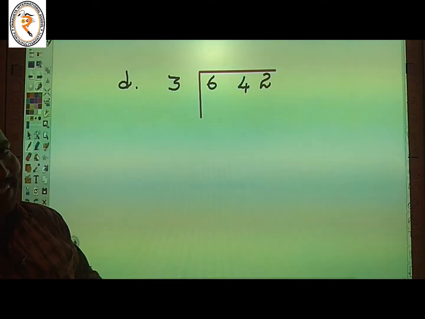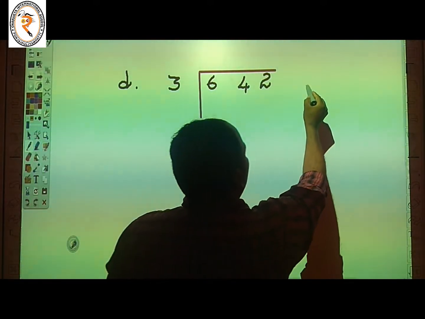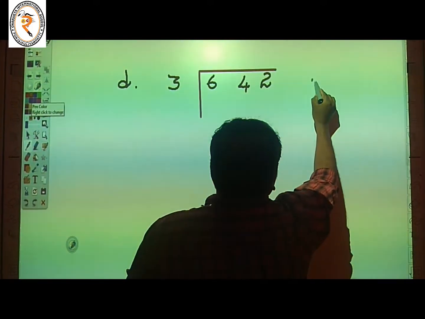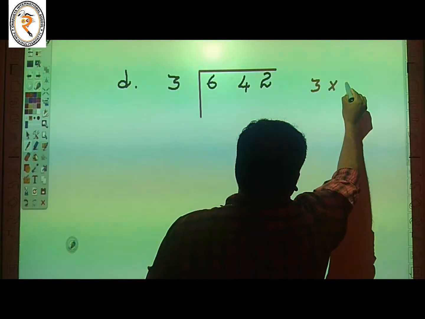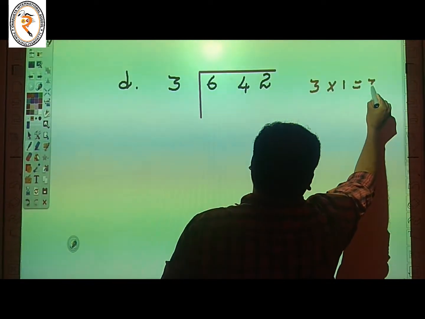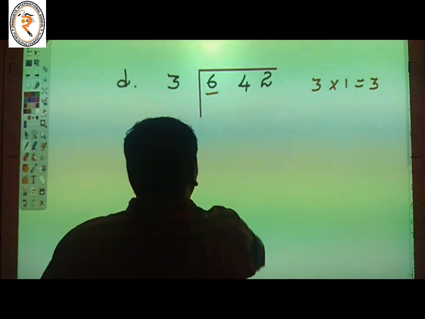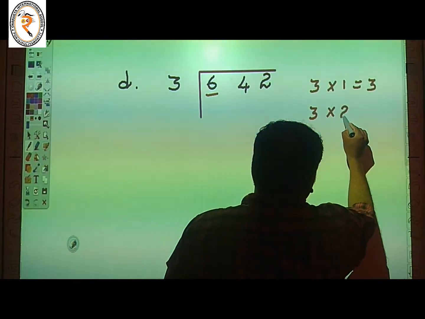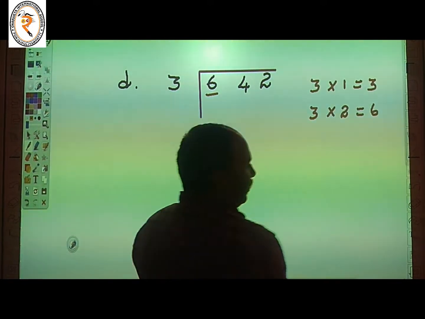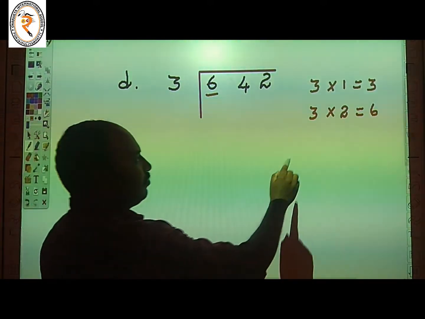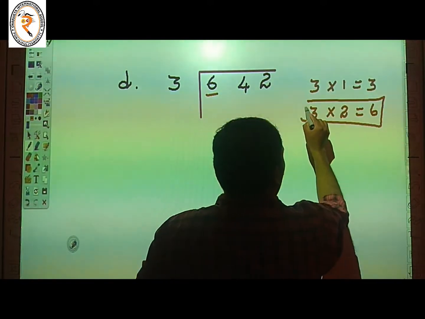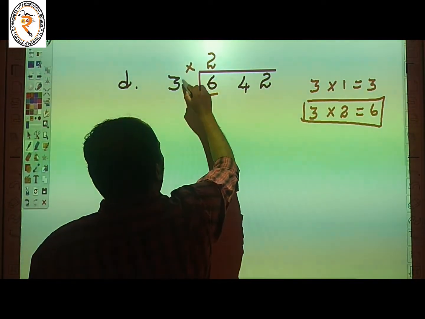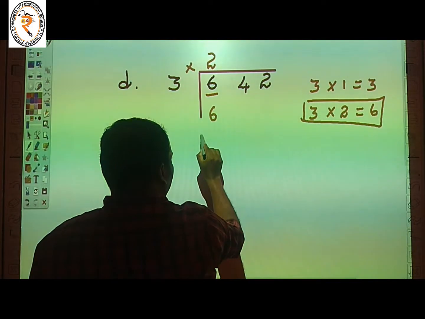Here our hundreds place is 6, so we go to the third table. 3 into 2 is equal to 6. 3 2s are 6.